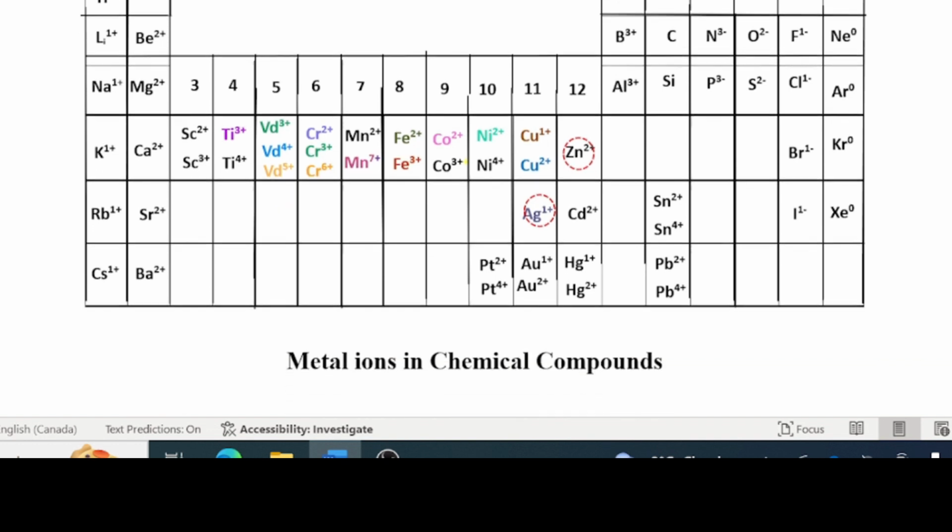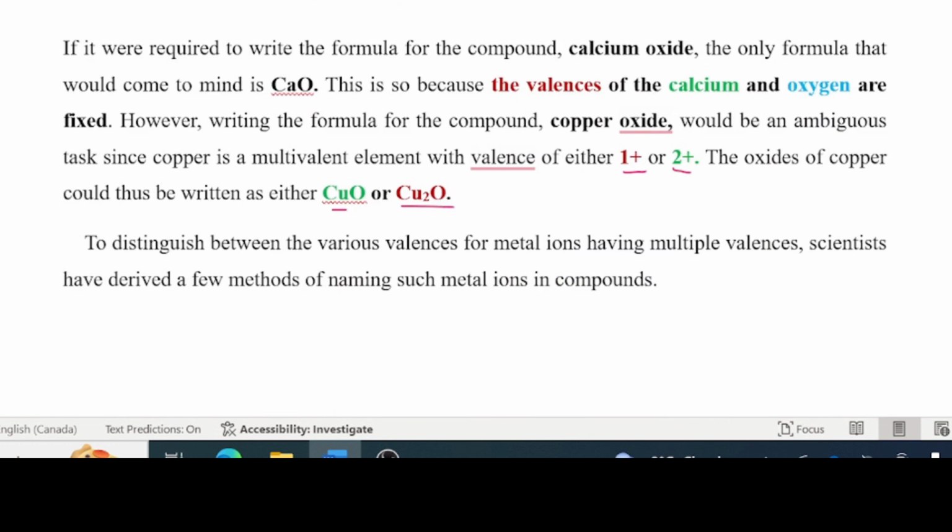Now let's go and see how you name the metal ion in a chemical compound. So if it were required to write the formula for calcium oxide, the only formula for that will be this. This is so because the calcium and oxygen atoms, the valence of these are fixed. However, writing the formula for the compound copper oxide will be an ambiguous task because copper is a multivalent element with valencies of either 1 or 2 plus.